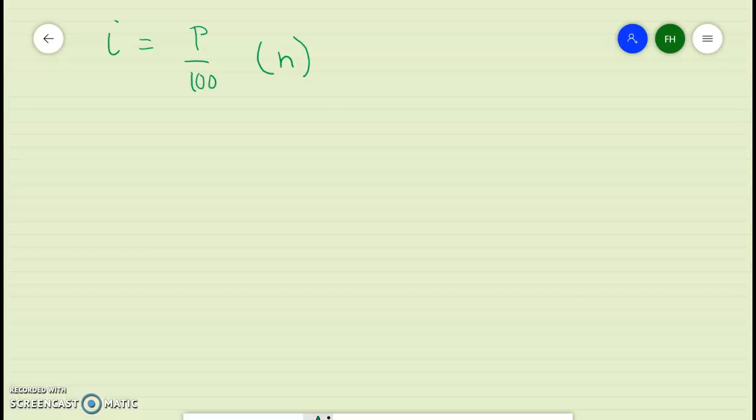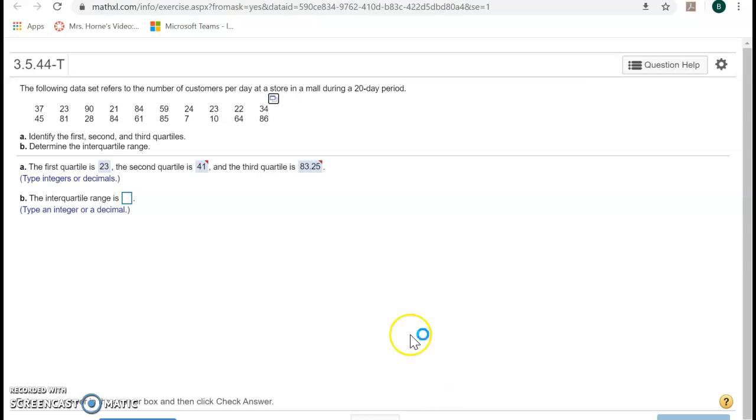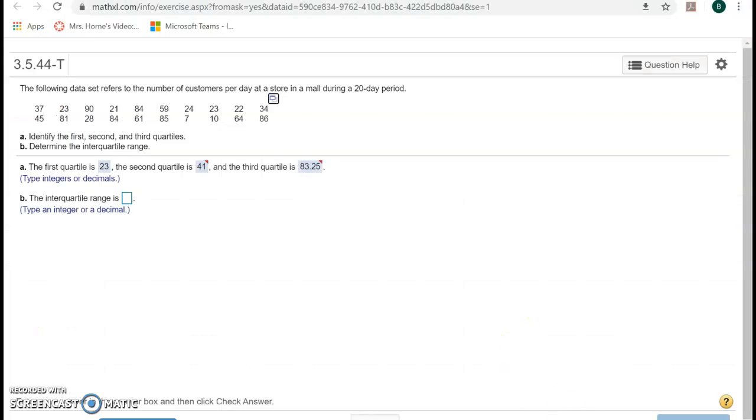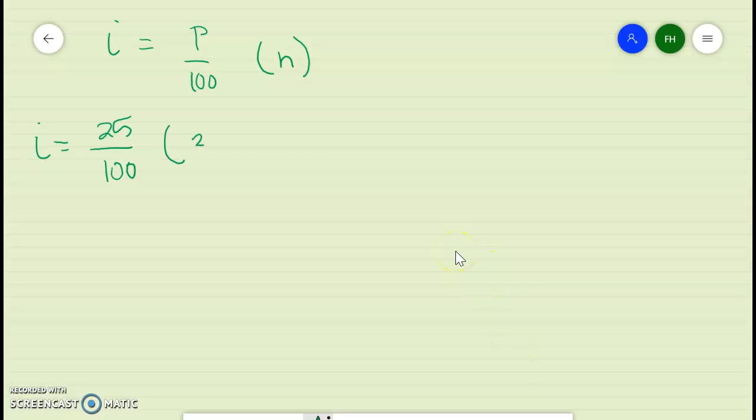Now if you want to use the formula, for the first one we would do the 25th percentile, and we have, I believe, 20 values here. Yes, our sample size N is 20. If you multiply here, you're going to get an index point of 5.